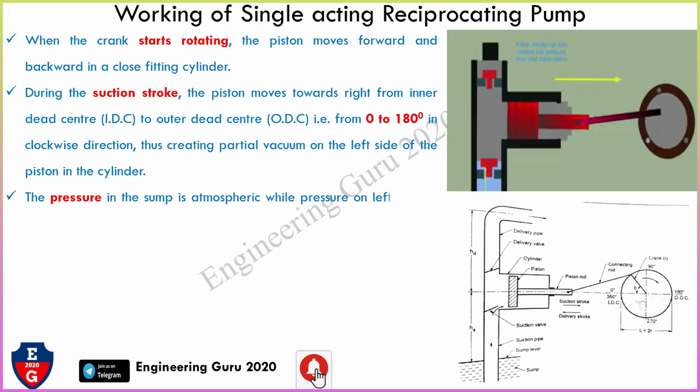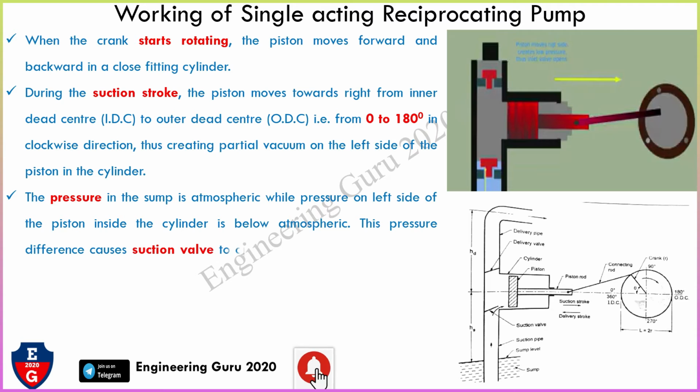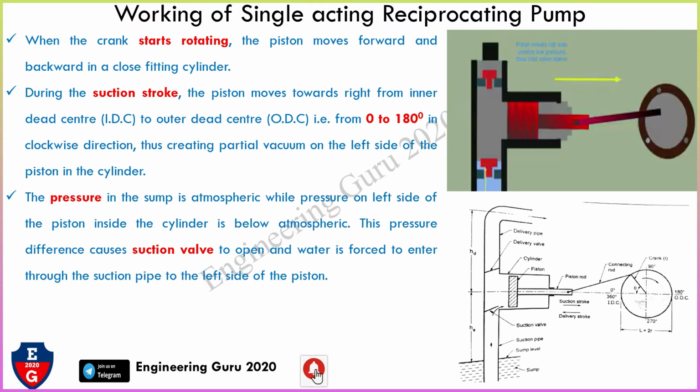The pressure in the sump is atmospheric, while the pressure on the left side of the piston inside the cylinder is below atmospheric. This pressure difference causes the suction valve to open and the water is forced to enter through the suction pipe to the left side of the piston. Now understand? So whenever it goes 0 to 180, meaning IDC to ODC, in the cylinder left side a pressure difference is generated.